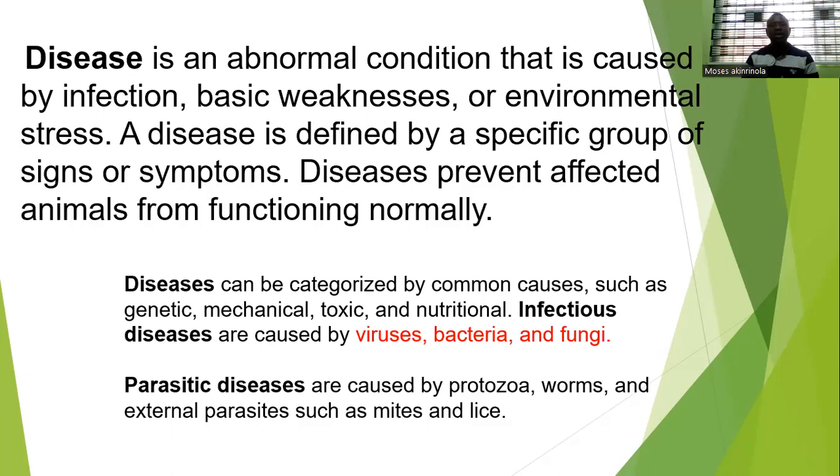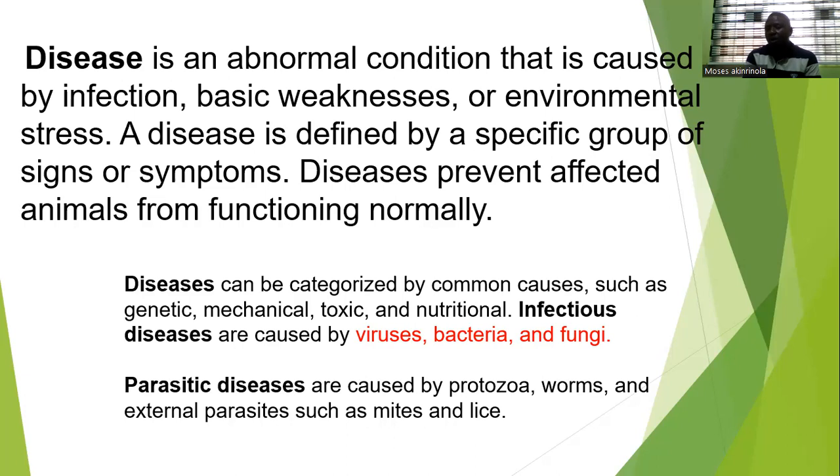I said we'll be talking about disease control and management in poultry. But before we proceed, we all need to understand what disease is. Disease is an abnormal condition caused by infection, and it brings weakness.